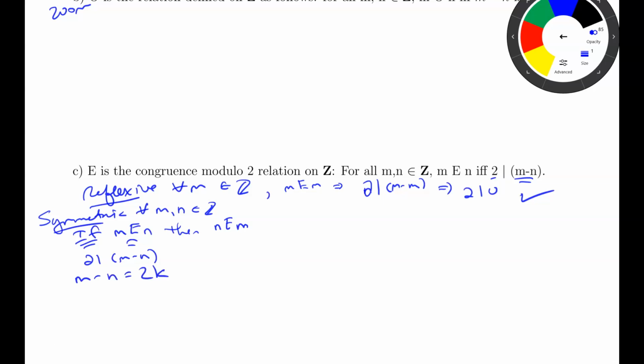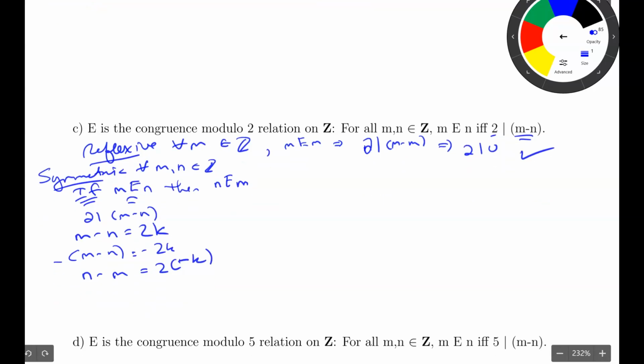So I need to get to n minus m. So if I multiply both sides by negative, I get n minus m is equal to 2 times negative k. So this gives me n minus m is equal to 2l, where l is equal to negative k, and l is an element of the integers.